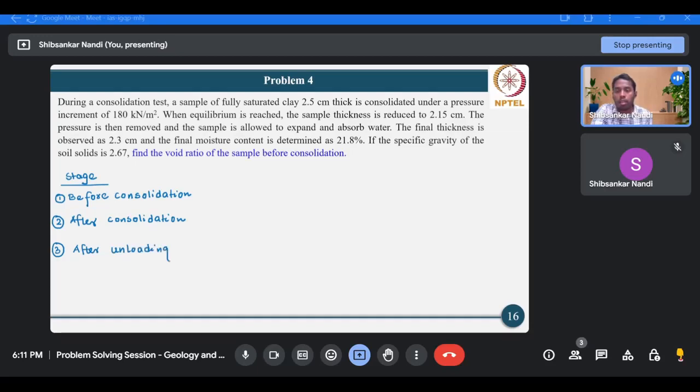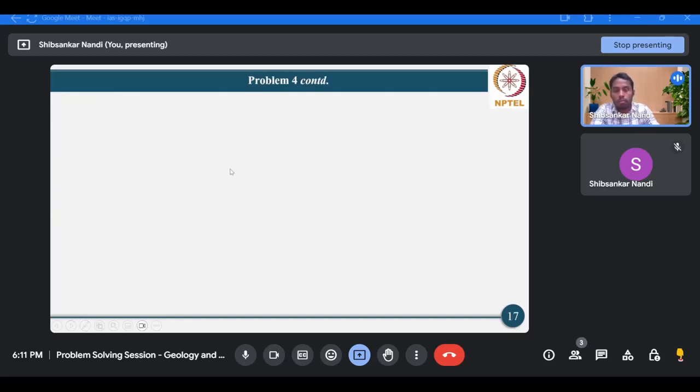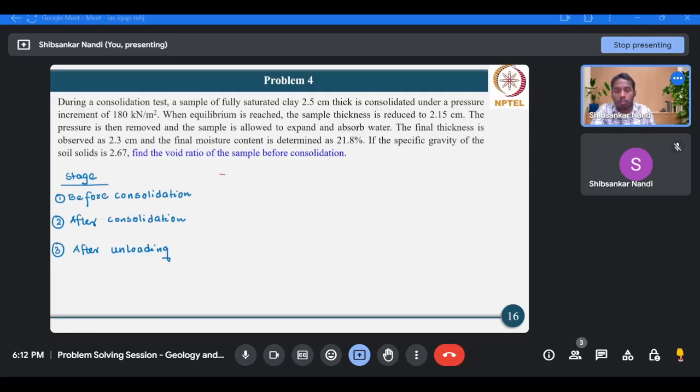So these are the three stages. Now, the thickness of the soil sample and the void ratio: this is your H and this is your e.